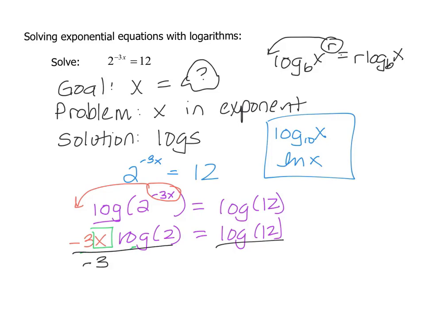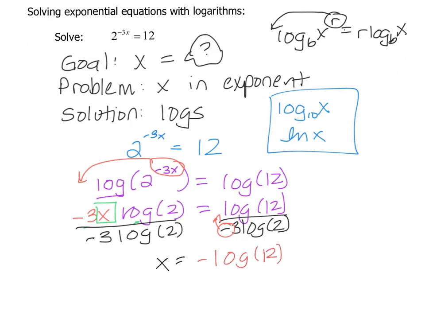So we divide by negative 3 and log 2 on both sides, and we get x equals, I'm going to bring the negative out in front, negative log 12 over 3 log 2. That's the exact answer.